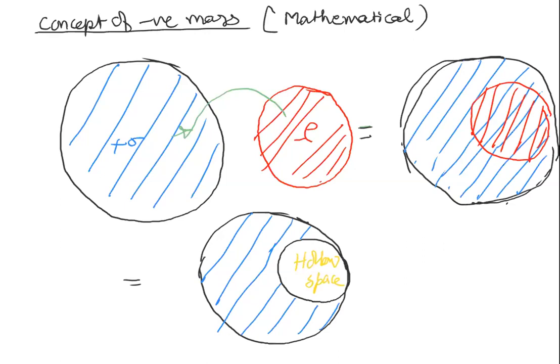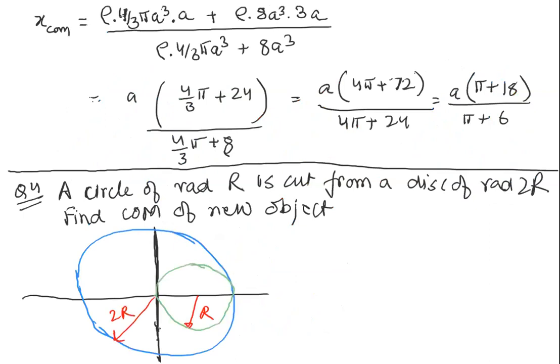That means that there will be no mass there. Okay? So using this concept of negative mass, I am going to say that look, this guy has coordinates of center of mass here, which is r comma 0. This guy has coordinates of center of mass 0 comma 0.